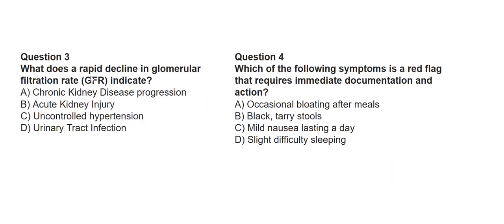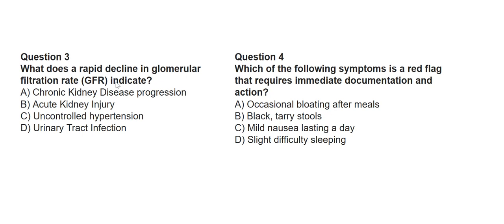Question 3. What does a rapid decline in glomerular filtration rate, GFR, indicate? A. Chronic kidney disease progression, B. Acute kidney injury, C. Uncontrolled hypertension, or D. Urinary tract infection. So, rapid decline in GFR.